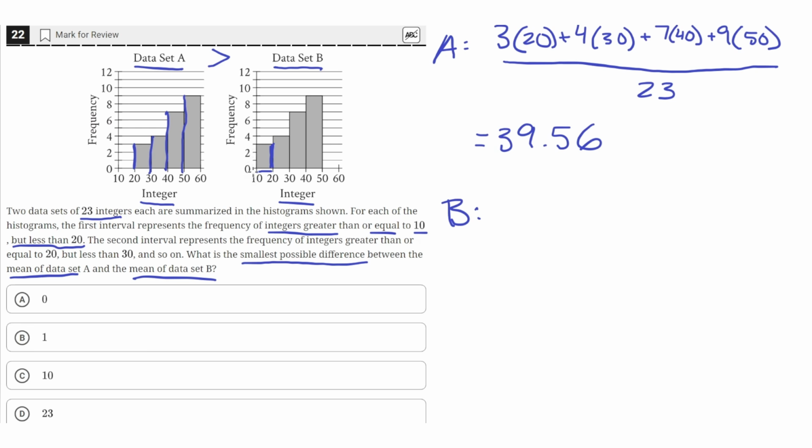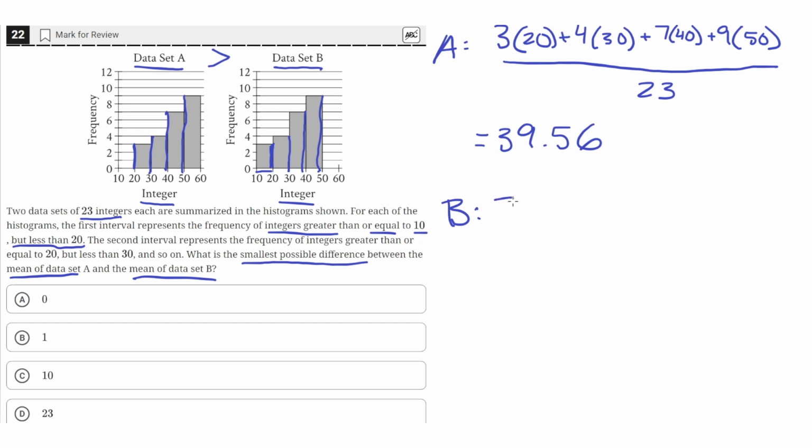But instead of using values that are small, we'll use the largest possible. So the largest possible in this interval are 19. And the largest possible in this interval are 29. The largest integers possible in this interval are 39. And the largest possible integers in this interval are 49s. So we'll use those for the value for the means.